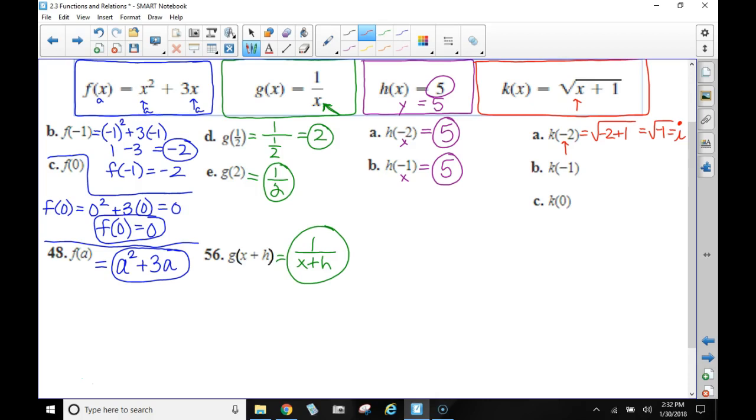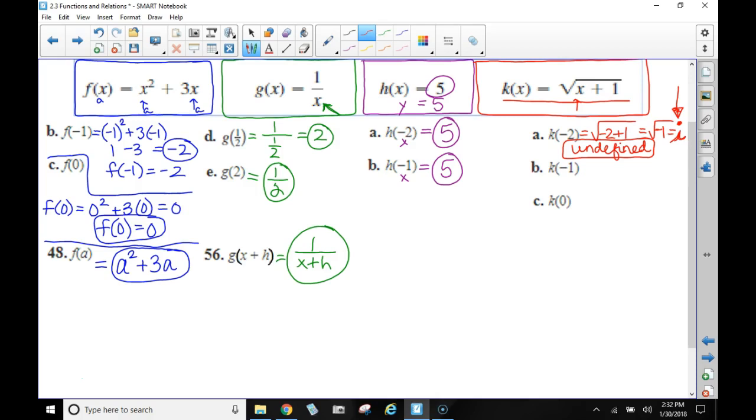And so if you were going to graph this k of x equals square root of x plus 1, you would say, okay, well, I'm going to plot the point -2, i. I don't know where in the world you would put that in your rectangular coordinate plane. Okay? So what we say is when we get a non-real number, we say that k evaluated at -2 is undefined. And it's undefined for our real numbers because we got an imaginary, because of the square root of the negative.